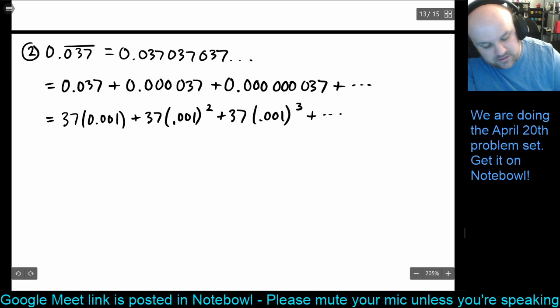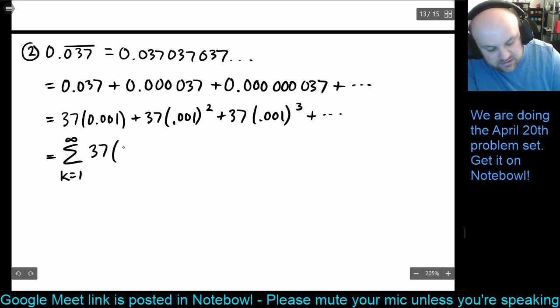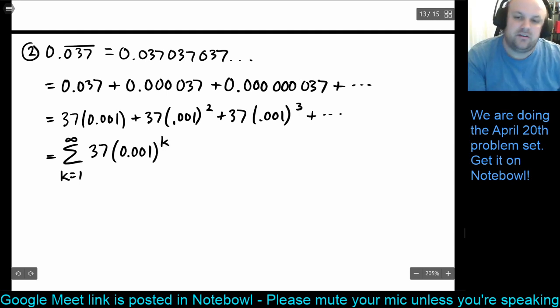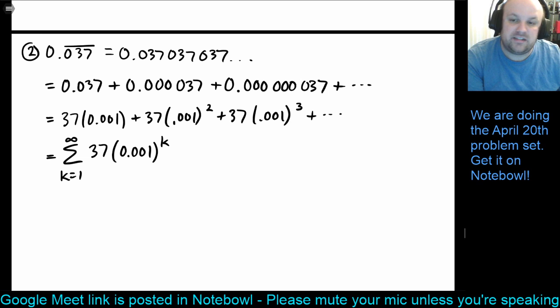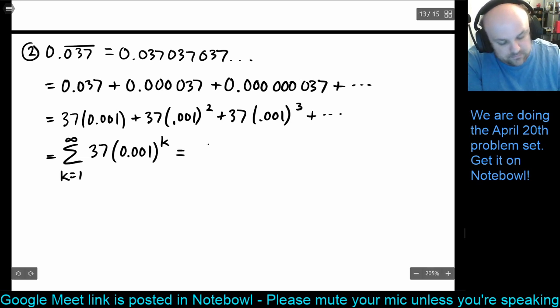So we get our geometric series as k equals 1 to infinity of 37 times 0.001 to the k. And now we just do the same reindexing trick. I'm going to drop this by 1, and then I'm going to raise the other one by 1.